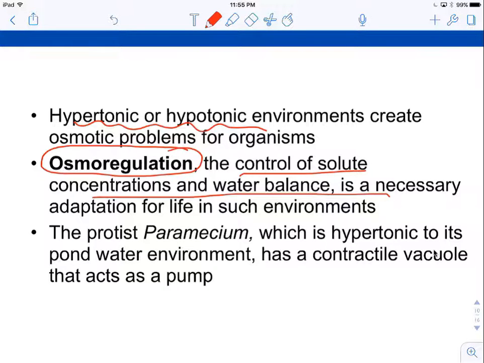And this is an adaptation for most protists who live in an aqueous environment. They're unicellular, they live in water, but they have a very high concentration of solutes inside of them, okay? And the paramecium is hypertonic to its environment, which means it's in a hypotonic solution.